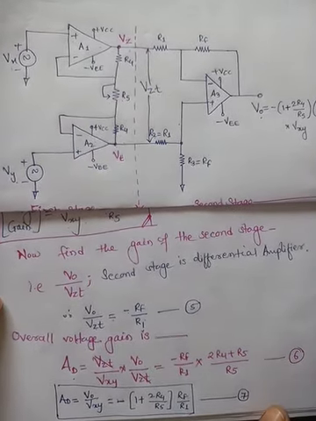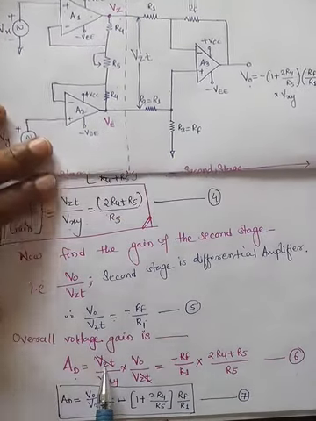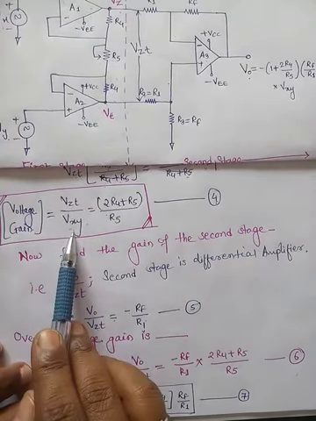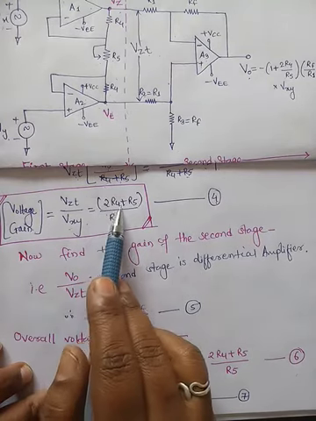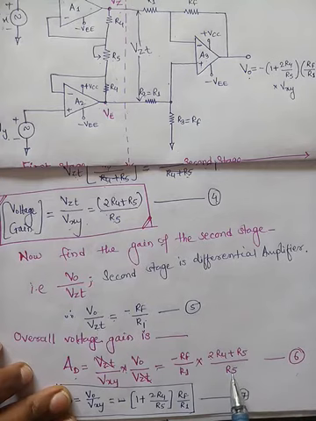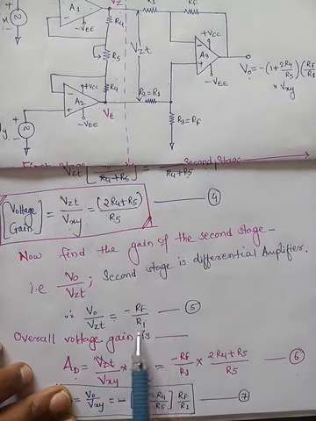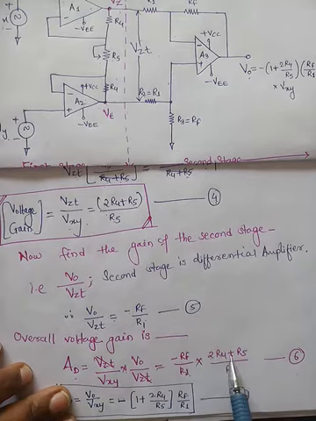Overall voltage gain AD is equal to gain of the first stage, that is Vzt by Vxy, into gain of the second stage V0 by Vzt. What is this gain? 2R4 plus R5 by R5. So it is 2R4 plus R5 divided by R5, and gain of the second stage is minus Rf by R1. Okay. So it is minus Rf by R1 into 2R4 plus R5 divided by R5.